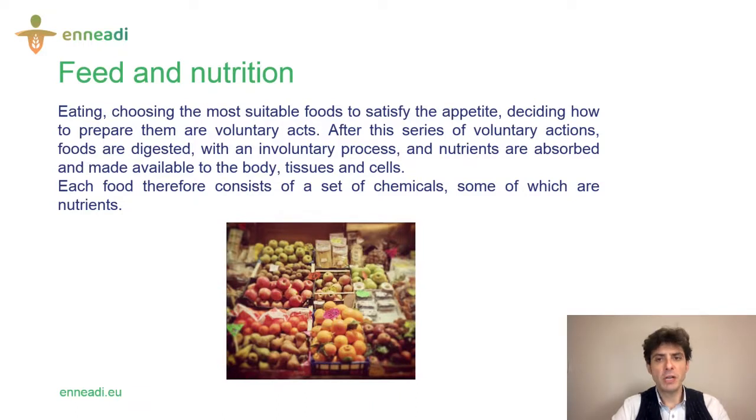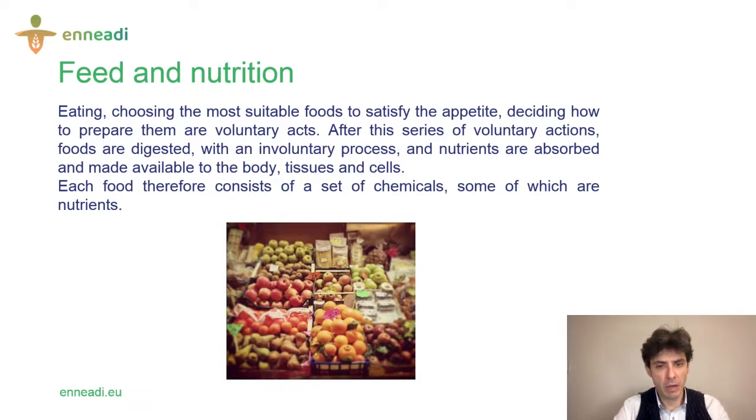These nutrients are then absorbed and made available to the body, to the tissues and each cell of our body, to perform their activity. So each food consists of a set of chemicals, and some of these chemicals are the nutrients.